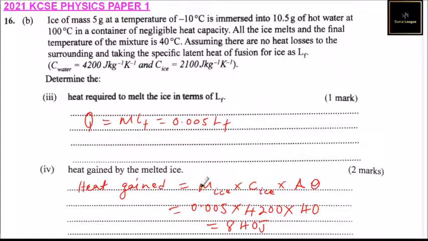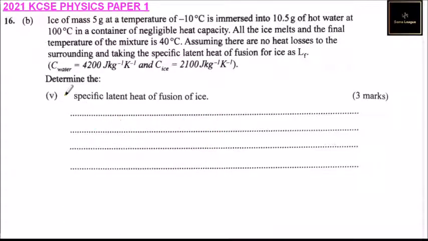Let's go to part 5 of question number 16b, specific latent heat of fusion of ice. So we can say here that the heat lost by hot water is equals to heat gained by the ice.